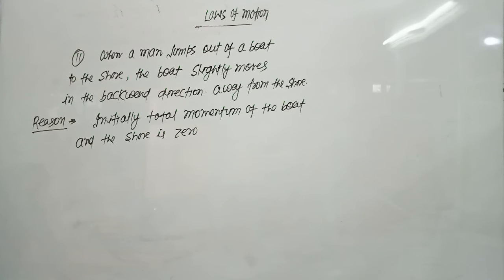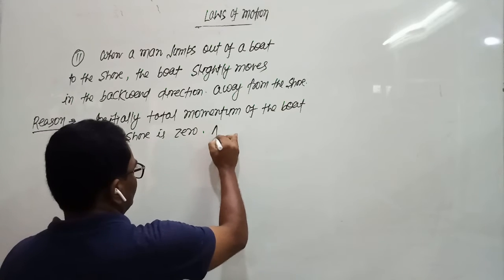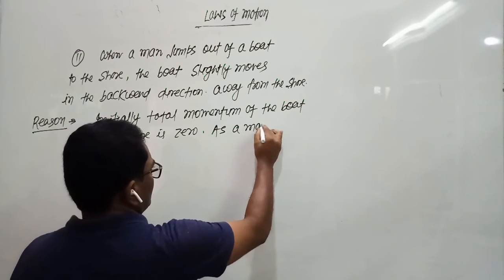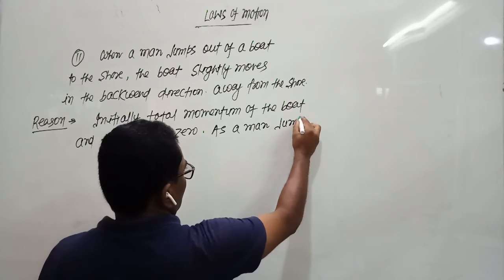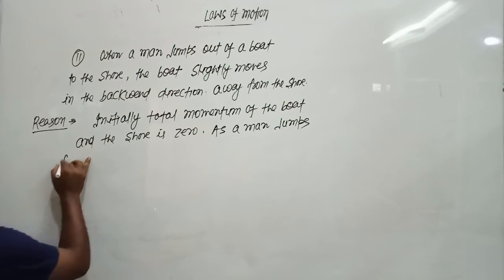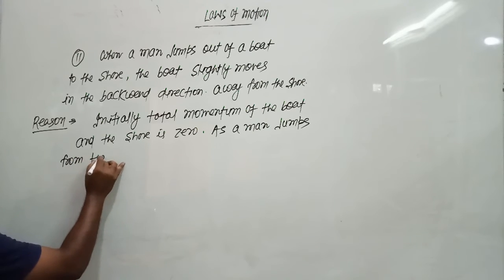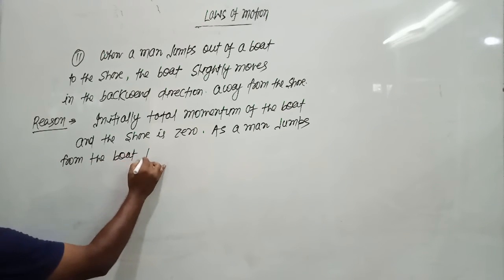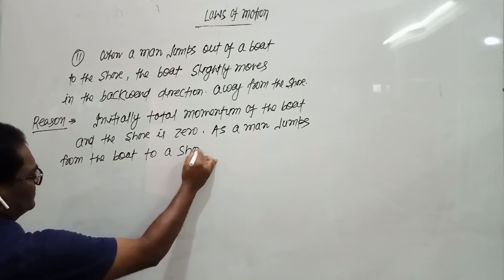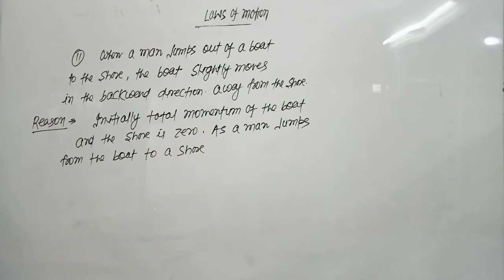So total momentum before jumping is zero. As the man jumps from the boat to the shore, he gains a momentum in the forward direction.